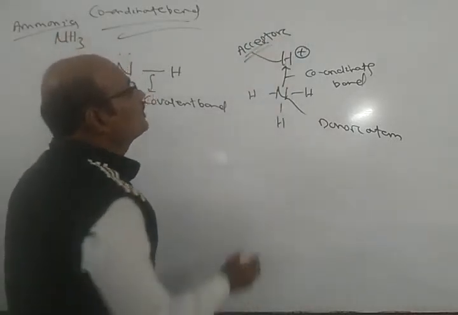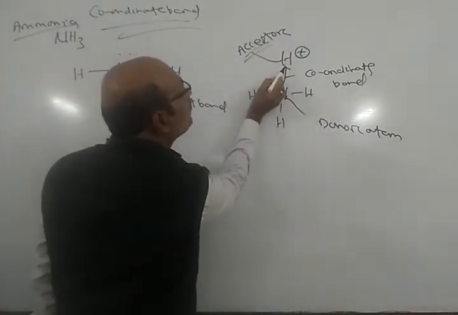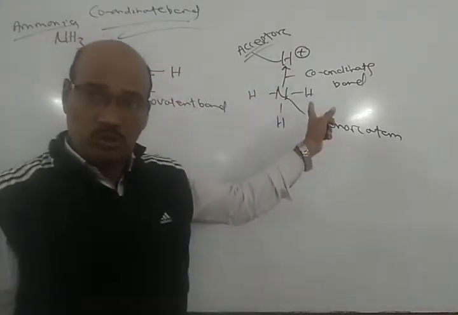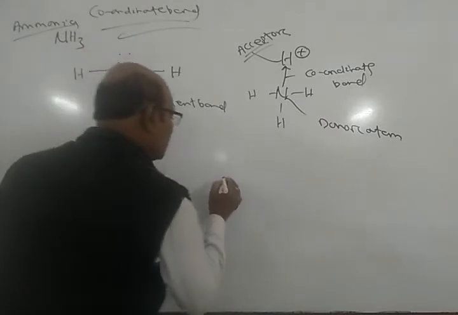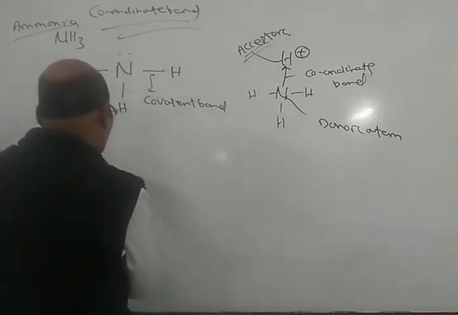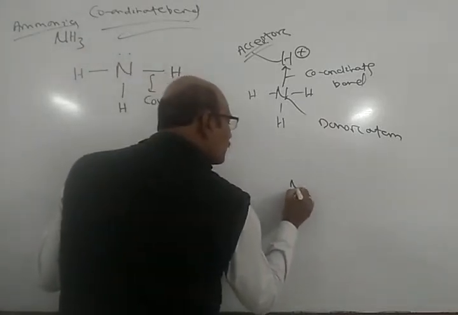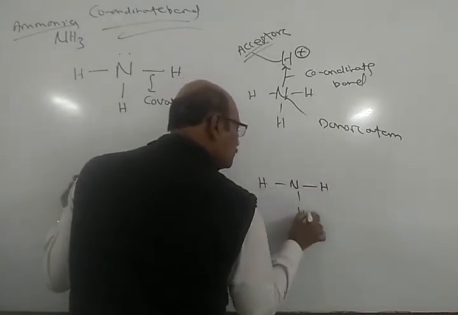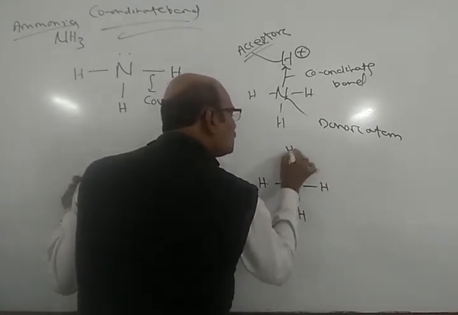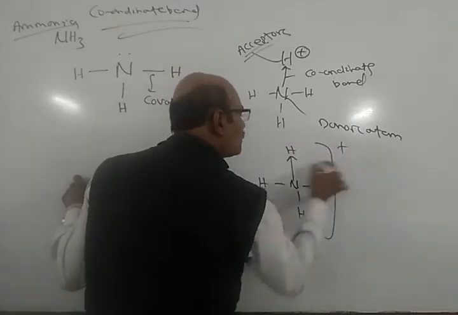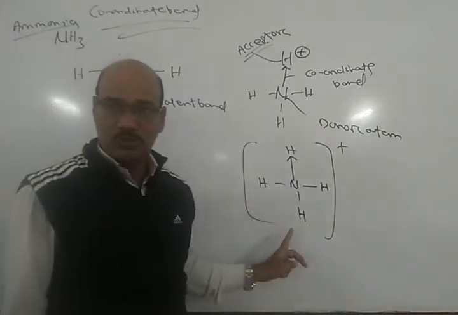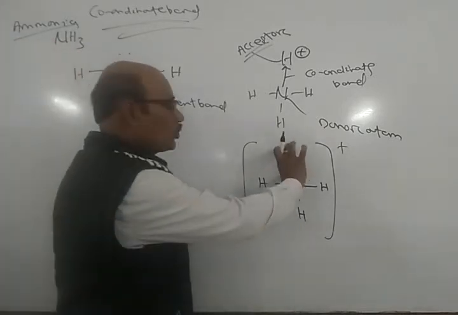And we put an arrow mark, with the arrowhead pointing towards the acceptor from the donor. So we can write it like this, NH4 plus. So this bond is the coordinate bond.